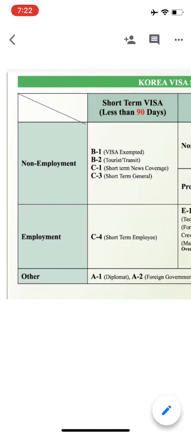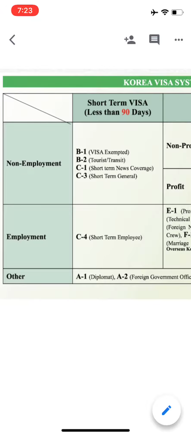Usually C4 is for seasonal workers, or a contract between a company and a company, or a company and a person, where the inviting side invites a contracted person and lets them work for less than 90 days. As I mentioned, C4 is less than 90 days, so they don't need to register an ARC.